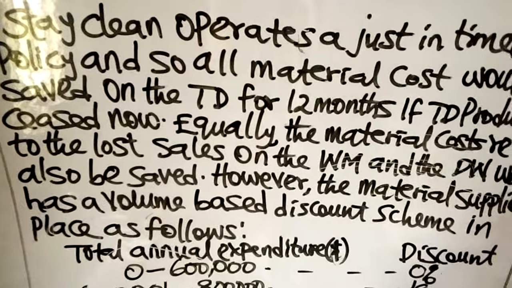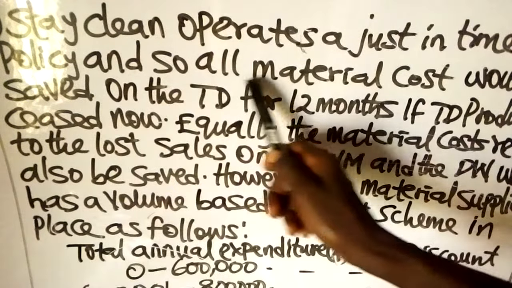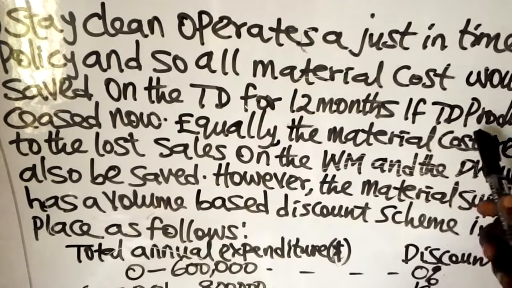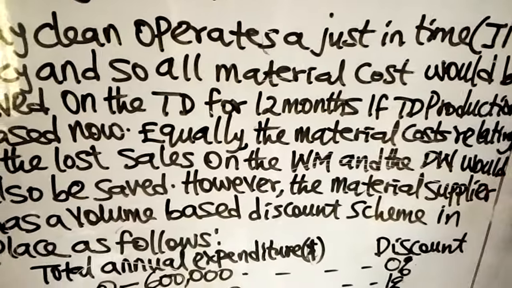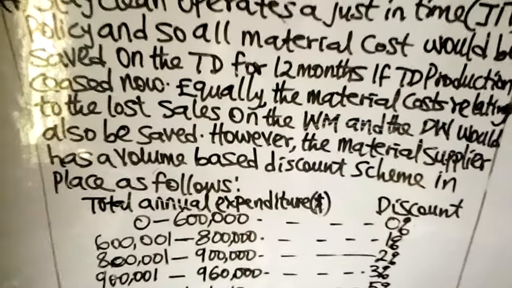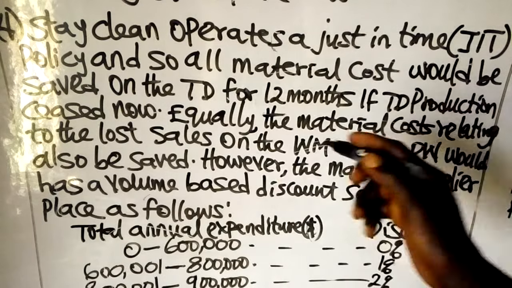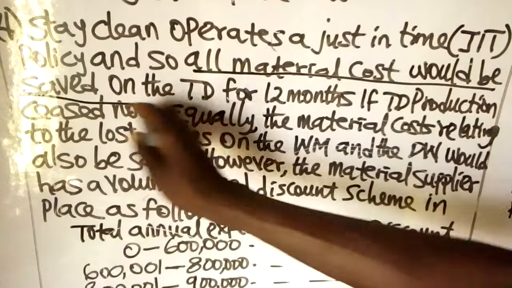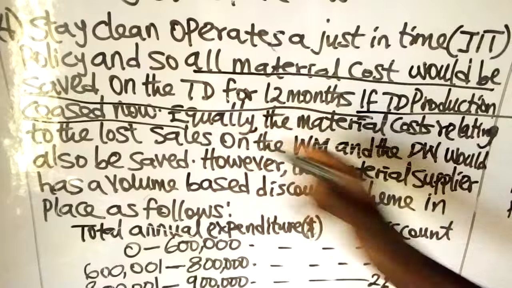And you were also told that Stay Clean operates a just-in-time (JIT) policy, and all material costs will be saved on TD for 12 months if TD production ceased now.